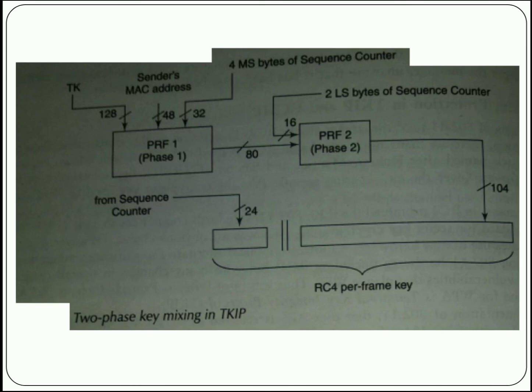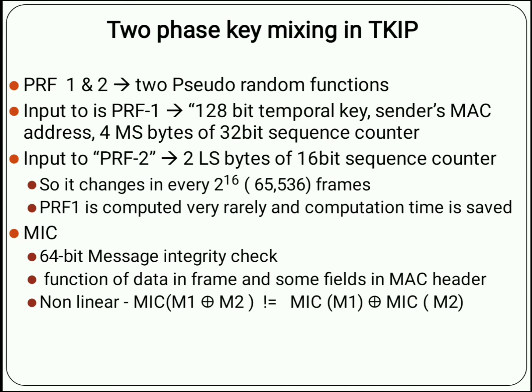Then it obtains an RC4 key. So this is the concept of two-phase key mixing. The input to pseudo-random function 1 is the 128-bit temporal key, the sender's MAC address and the 4 MS bytes. The input to function 2 is the 2 LS bytes of the sequence counter. And as we are using the 2 LS bytes, a 16-bit value, it changes every 2 raised to 16 frames.